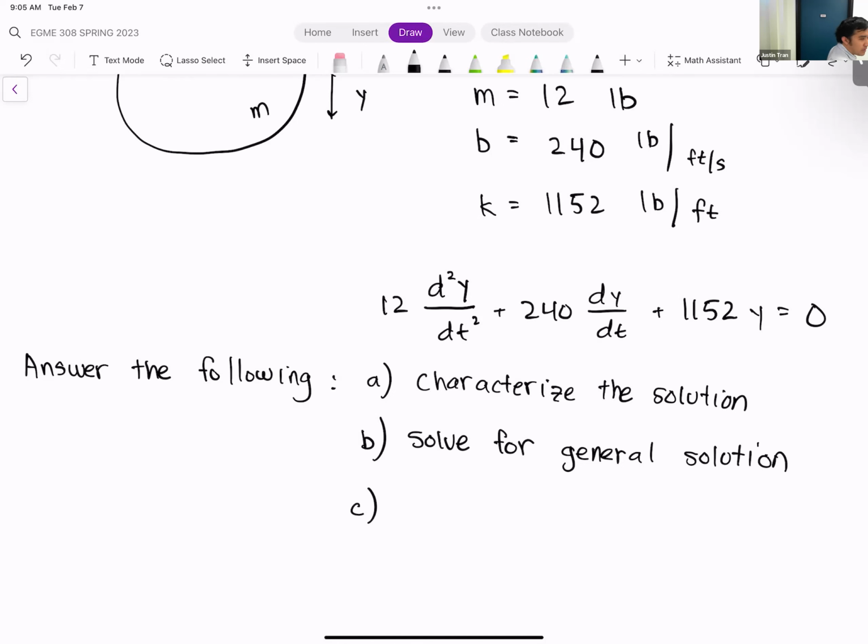And then in part C, we're going to solve for the particular solution, or the specific solution, for the case when we have this car run over a speed bump.